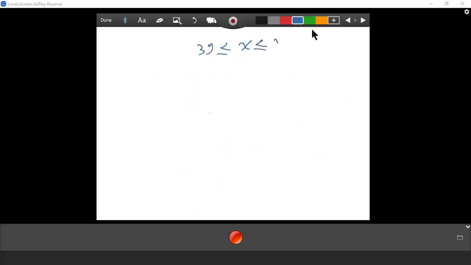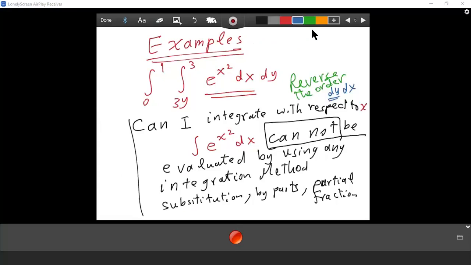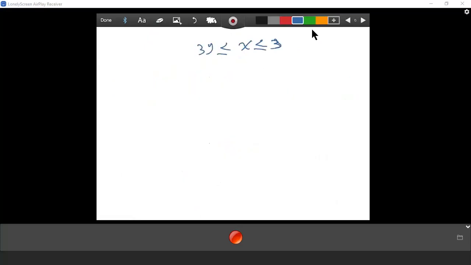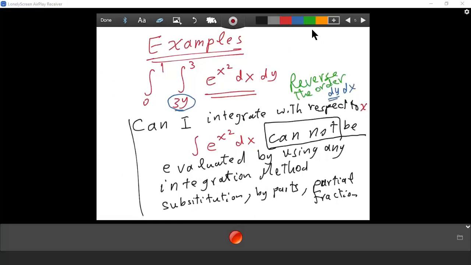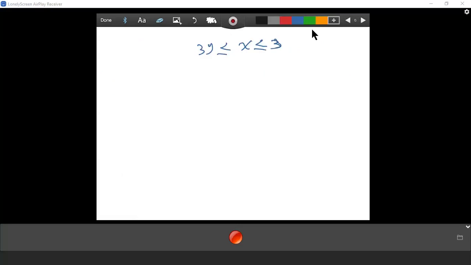Why am I writing 3y first, the smaller one? Because it is down here; this is the smaller value, this is the bigger value. And y from 0 to 1. Can any one of you graph this and share it with me, please?